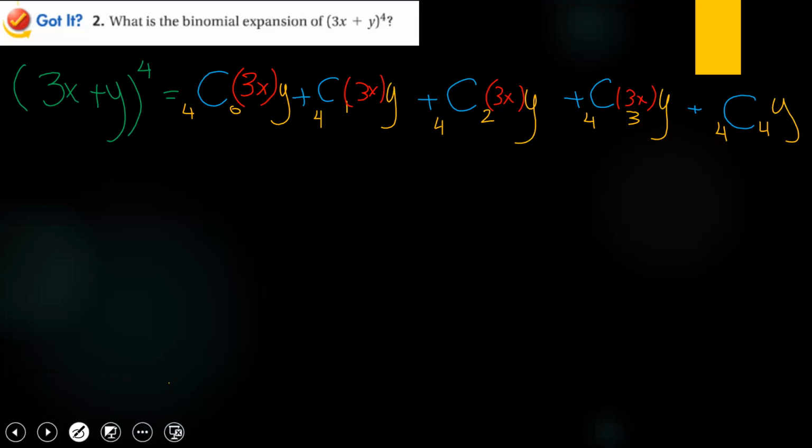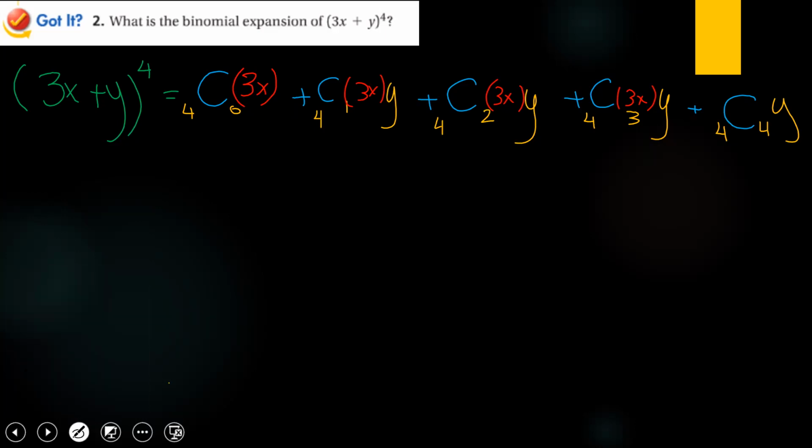Teacher, since we have to the power 4, then they will have 5 combination, not 4. Yes, they are 5. 1, 2, 3, 4, 5. Oh, sorry, teacher, I didn't see it. Teacher, you should remove the y at the first. Yeah. Thank you.